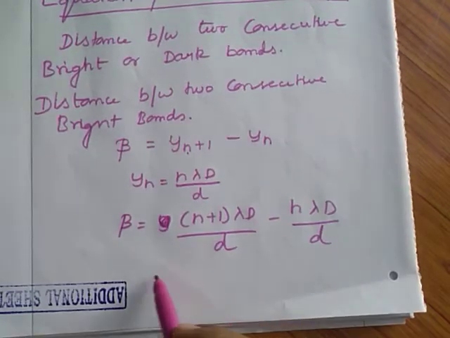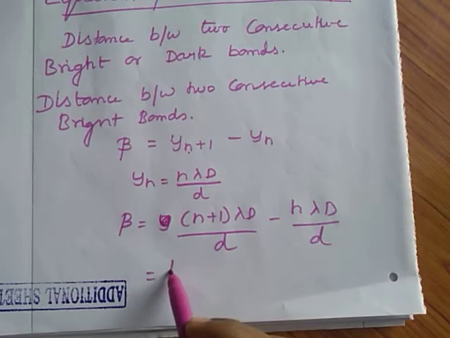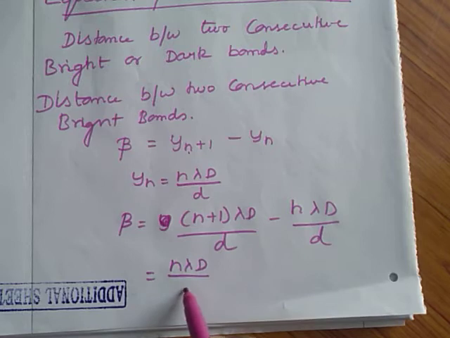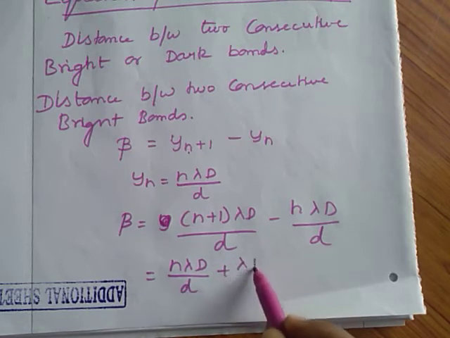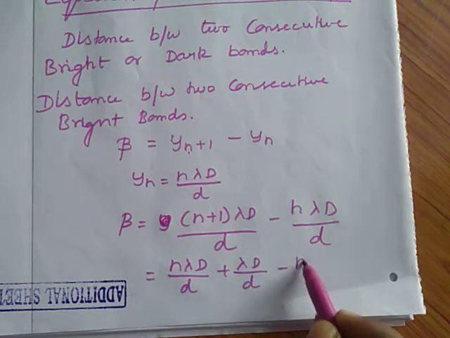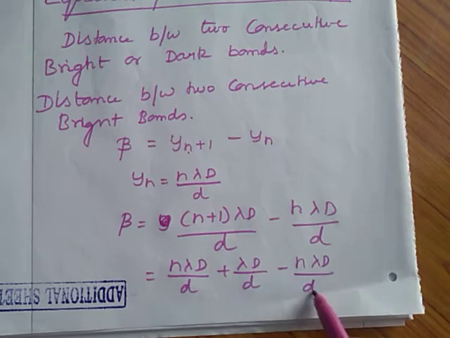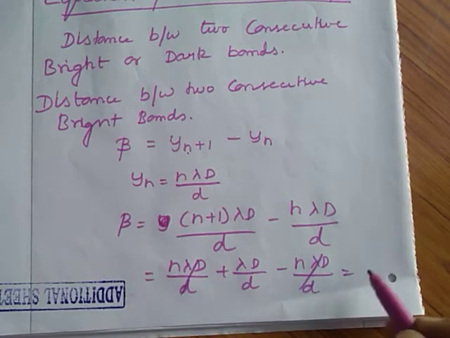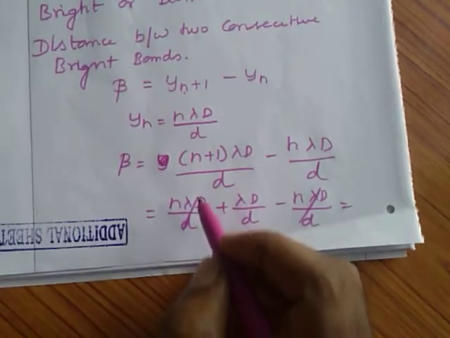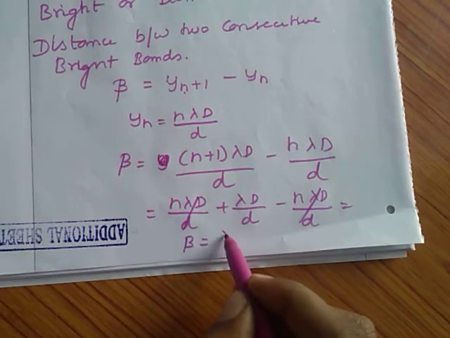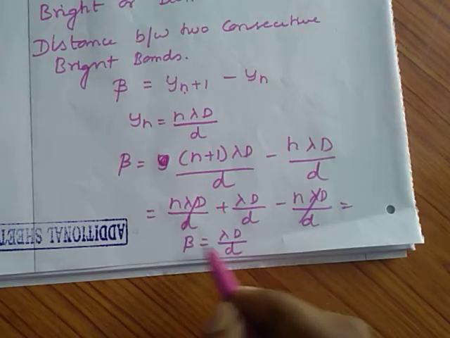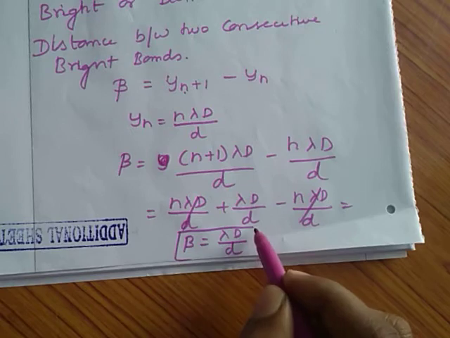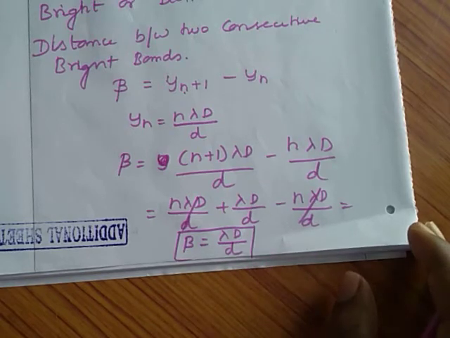On modifying this, we get n lambda D by small d plus lambda D by small d minus n lambda D by small d. Then beta is equal to lambda D by small d. This is the width of the band, that means the bandwidth.